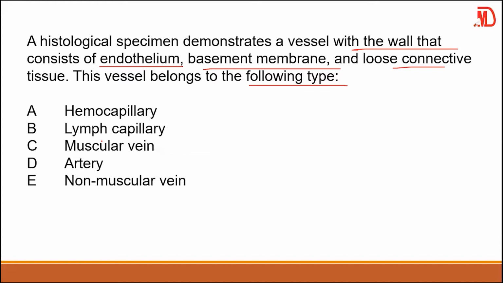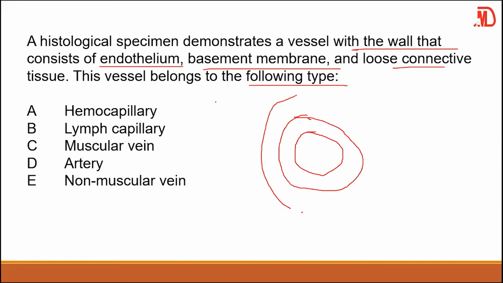So quickly, let's brush our mind, I mean, let's refresh the memory a little bit. So basically, we have 3 layers. For example, assuming this is a vessel, these are walls. I'm just drawing the walls for you. Inside this vessel, inside the lumen, we have the tunica intima.